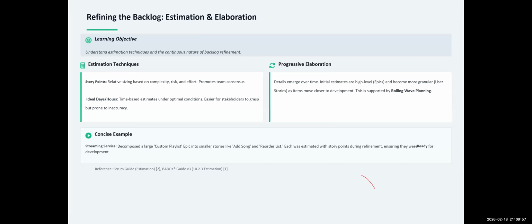So you can dump an Epic. An Epic is a high level idea of what you're thinking. Just dump it there, and then over time, you need to break it down. Because when you come back and do refining of the backlog, you ask the question, okay, what exactly does this mean, and then you break it down further.